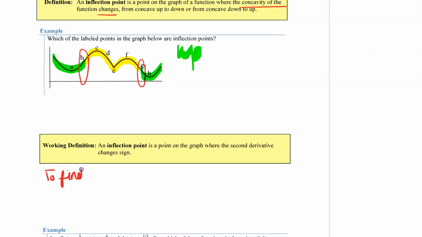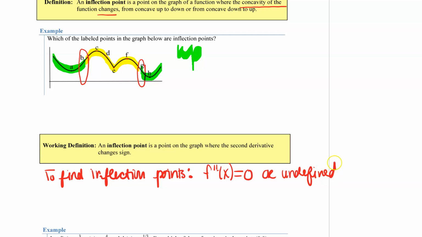To find inflection points, you want to look at f double prime of x, where it's either equal to 0 or undefined. And then you're going to check the signs from there.